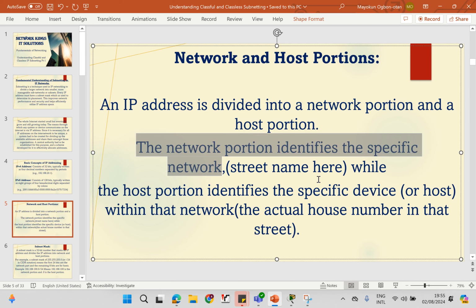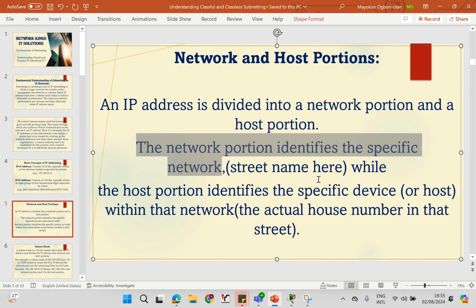Once you have a street, the numbers will be different. Say, Sadiku Street, number 1, number 2, number 3. Now, once you have two number 3s, that means there is an error. You can't have two number 3s in a street. That means people will begin to enter another person's house to do illegal activities, and nobody will be able to identify who and where that is coming from.